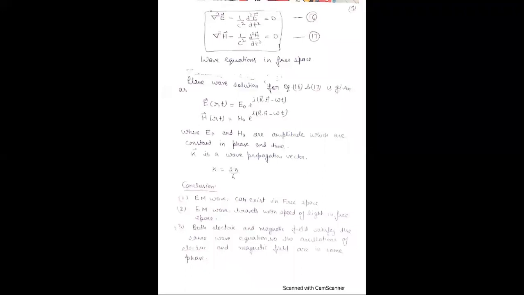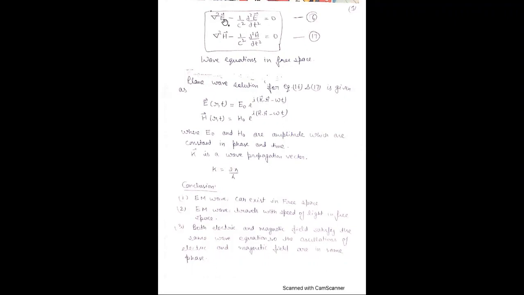Suppose there are three coordinates of E: Ex, Ey and Ez. Therefore this wave equation is applicable for all three coordinates, means del square Ex minus 1 by c square ∂²Ex by ∂t² is equal to 0.